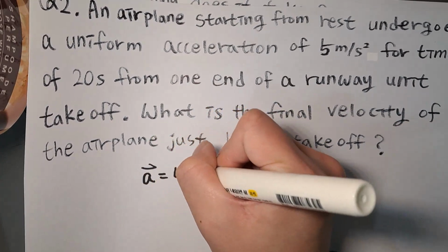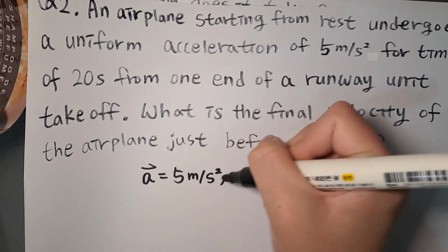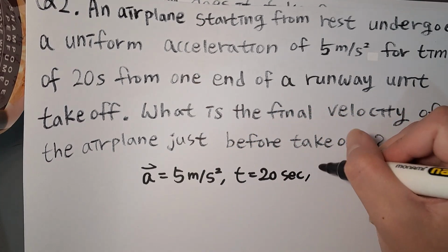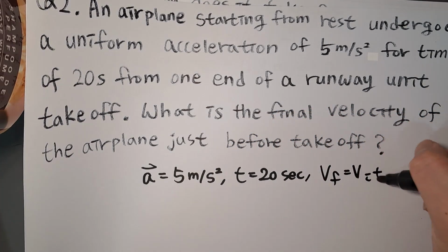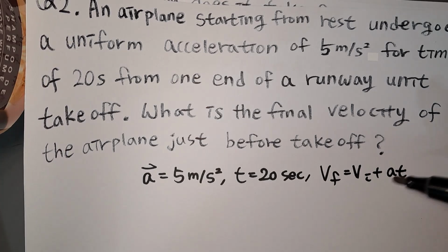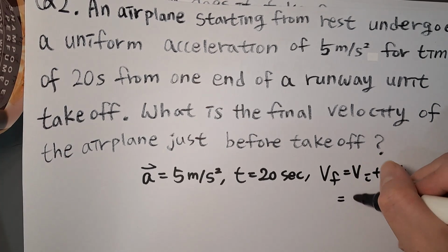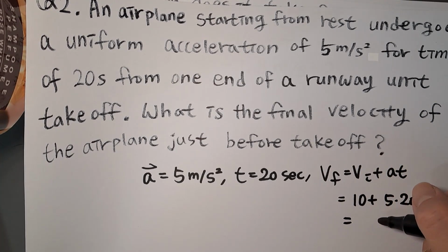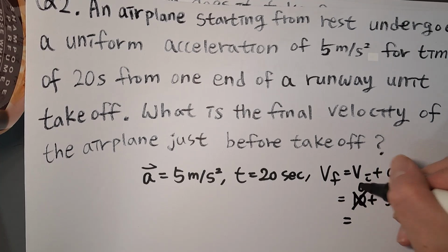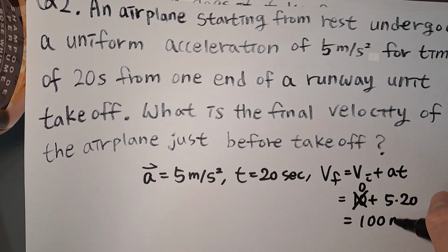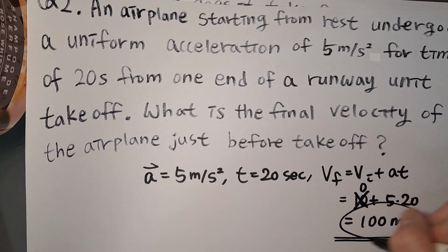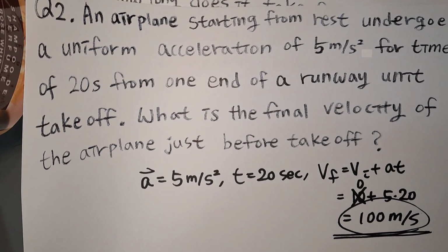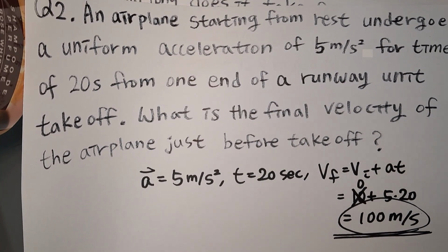The acceleration is going to be 5 meters per second squared and time is going to be 20 seconds. And we are going to apply this equation. So the final velocity is going to be 100 meters per second.